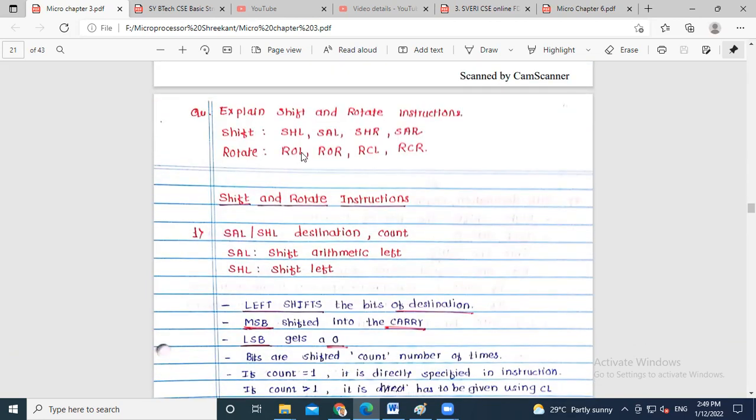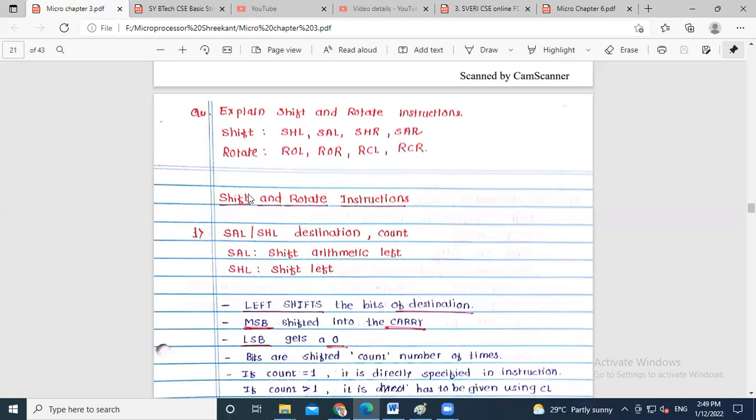And rotate left, rotate right, rotate left with carry, and rotate right with carry. So in the 4 categories of shift and 4 categories of rotate, totally 8 shift and rotate instructions are there: 4 for shift instructions and 4 for rotate instructions.